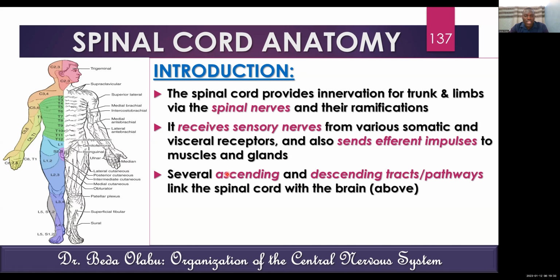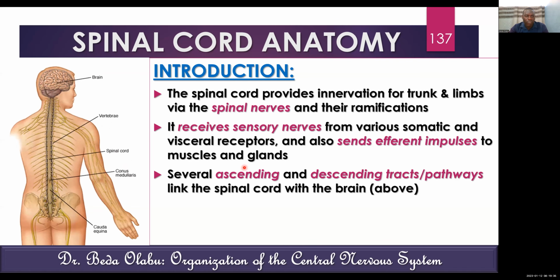The connections that the spinal cord has with the brain involve axons of neurons which are either going up. The ones going up are termed ascending pathways or ascending tracts. Remember, a tract is a group of axons of neurons with similar function. You can call it a tract or a fasciculus.